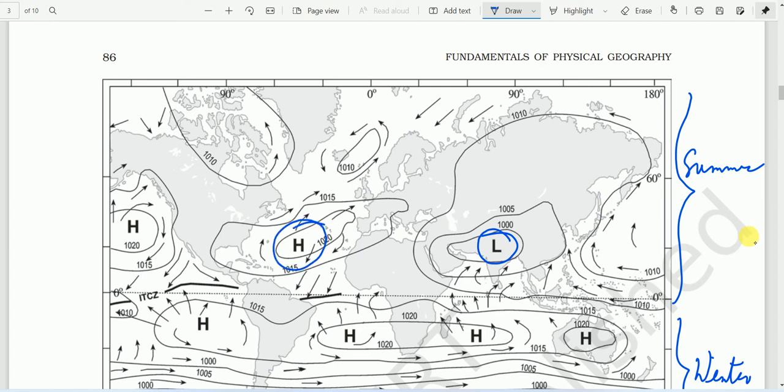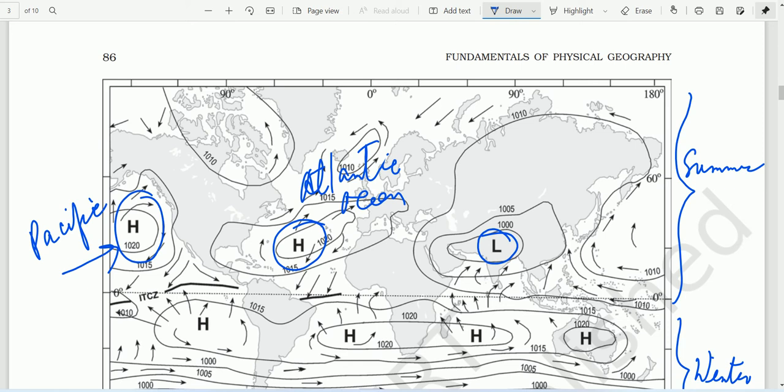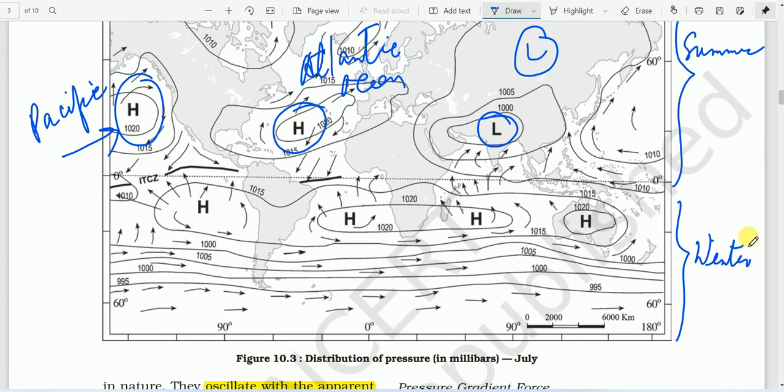So this is the Atlantic Ocean, and this is the Pacific Ocean, and over the ocean you will find high pressure, and over the land you will find low pressure in summer.